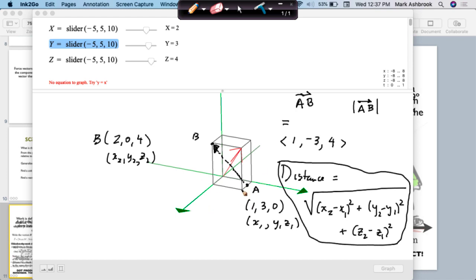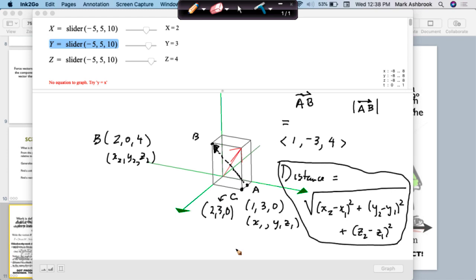Okay, so now here's point C. Here's point C right there, okay? I want to identify all points that are a distance of 2 away from C. What are the coordinates of C? 2, 3, 0. Okay, that's C.